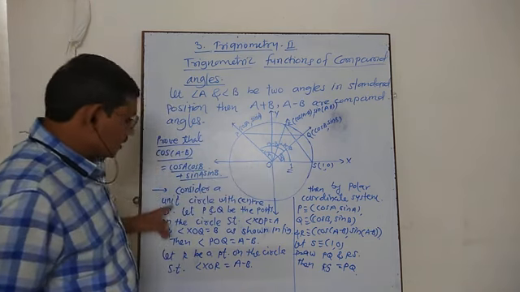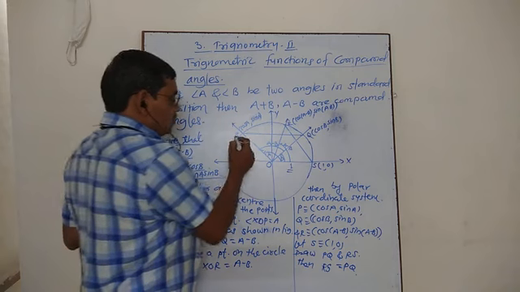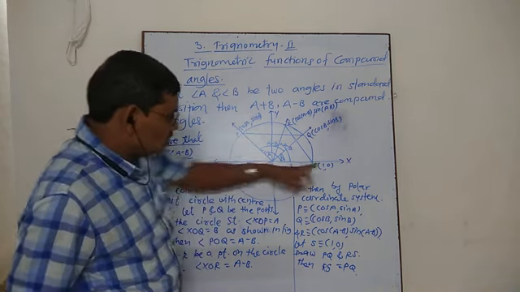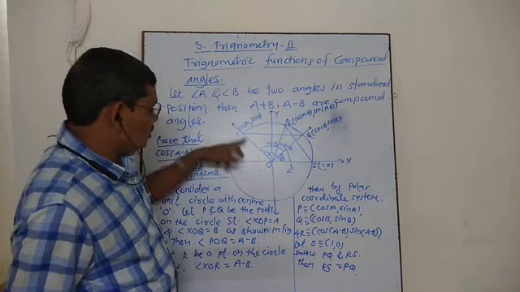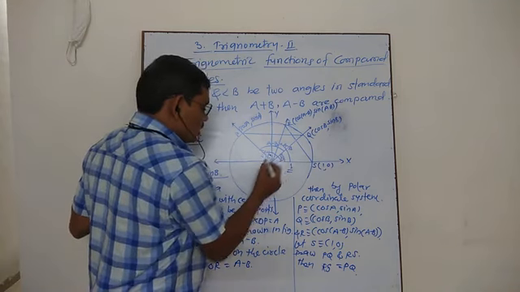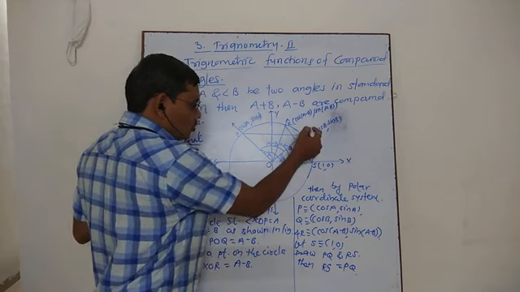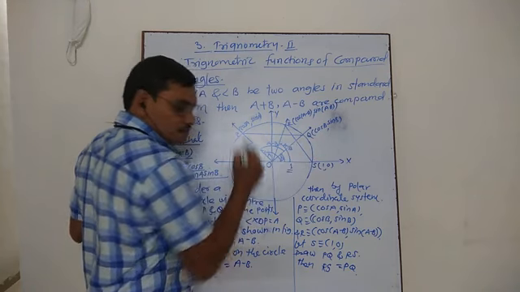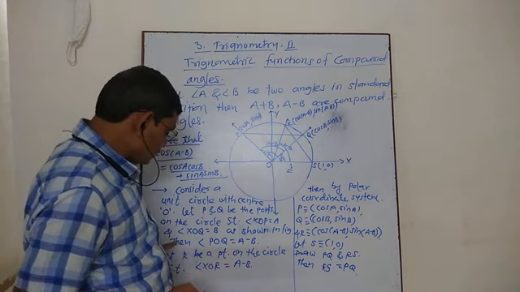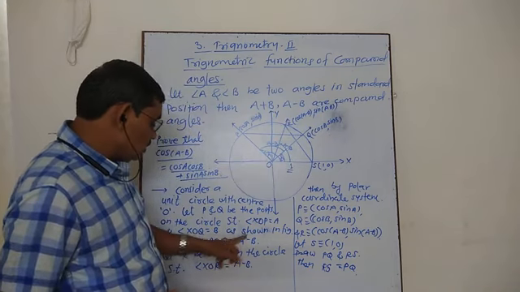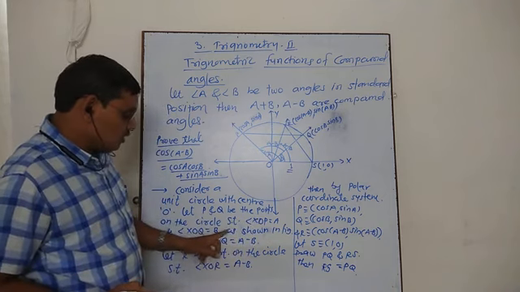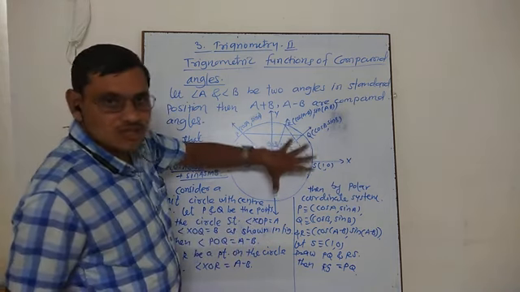Then we take the 2 points P and Q on the circumference of the circle such that angle XOP is A, and angle XOQ is equal to B. Then this is in the figure.